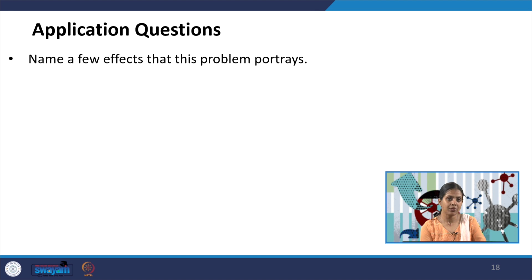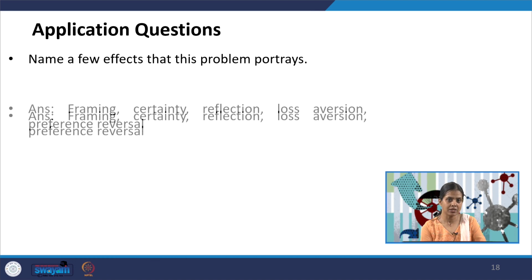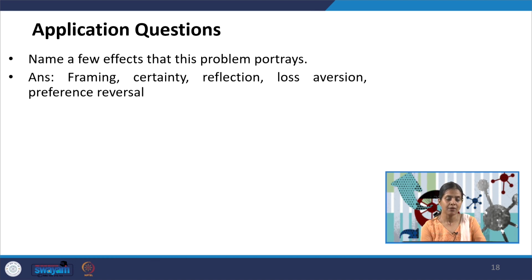Now, name a few effects that this problem portrays. So, in this we can see the framing effect, primarily because the way things are framed, the answers are changing though the implications are the same. Then we see the certainty effect, there is a preference for positive certain situations. A is preferred because it is stated as 200 people are going to be saved for sure.